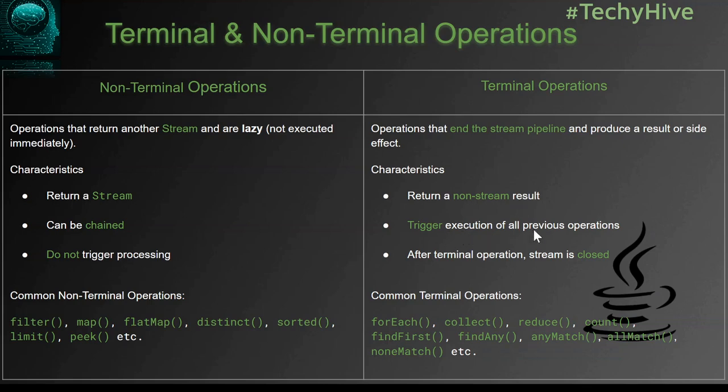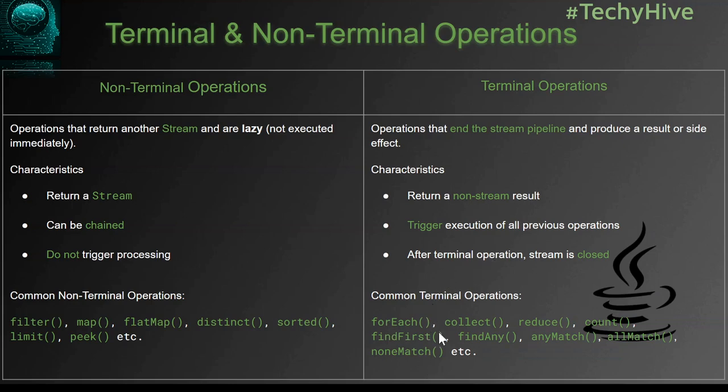They trigger execution of all previous operations. So terminal operations trigger the pipeline of the streams. So if you don't have any terminal operation in the pipeline, then the pipeline won't be triggered. After terminal operations, the stream is closed. So here, once the result is returned or the side effect is done, the stream is closed.